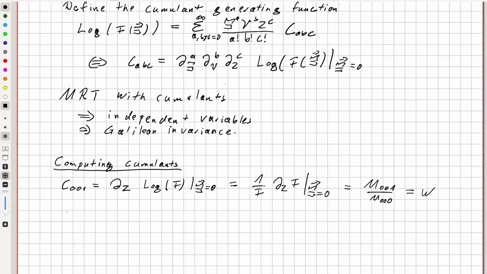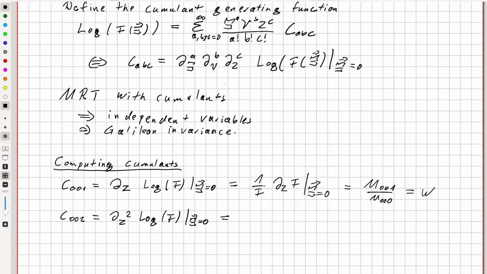So, looking at something else, C002 is the second derivative of the logarithm of f, again at xi equal to 0. Now, what we are going to do simply is take this thing up here and take another derivative of that. So we'll have to take a derivative of 1 over f.